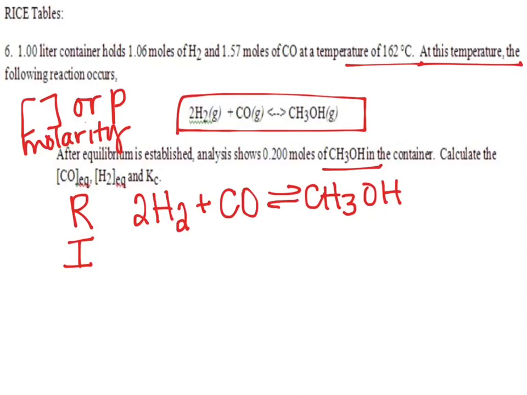So H2, what is our concentration? They've given me 1.06 moles, but I need it in molarity, and it's in 1 liter. So 1.06 is my initial concentration of my H2.